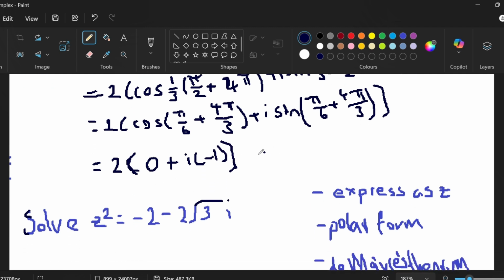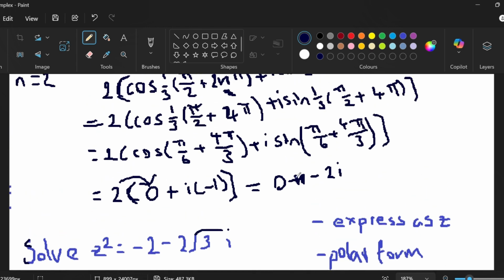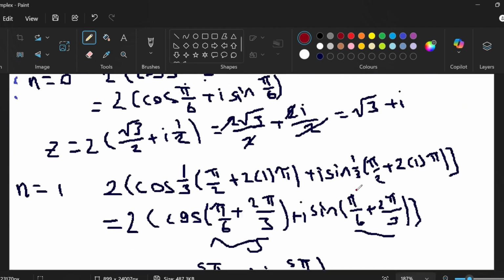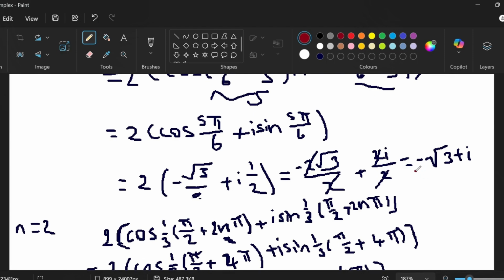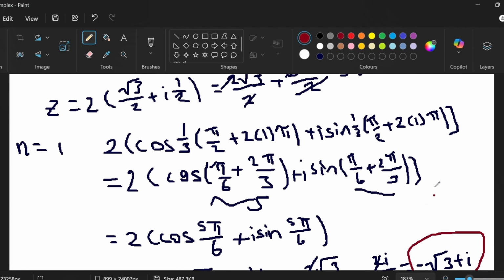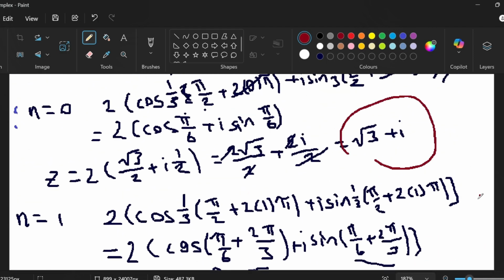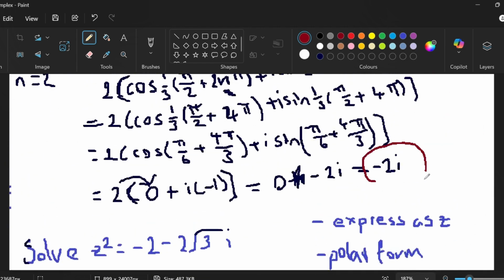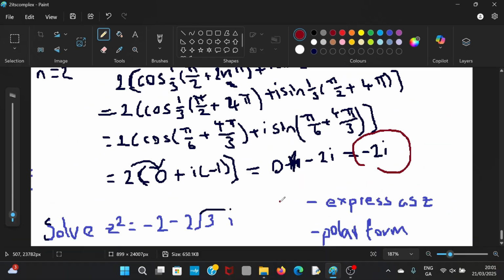And now if I multiply this one last time, I will get 2 times 0 is 0, plus 2 times negative I is negative 2I. And that's my final root, negative 2I. And our three values of z are negative the square root of 3 plus I, the square root of 3 plus I, and negative 2I.